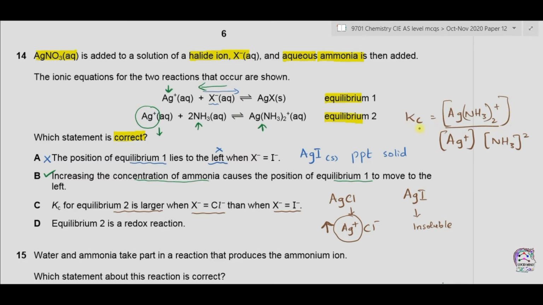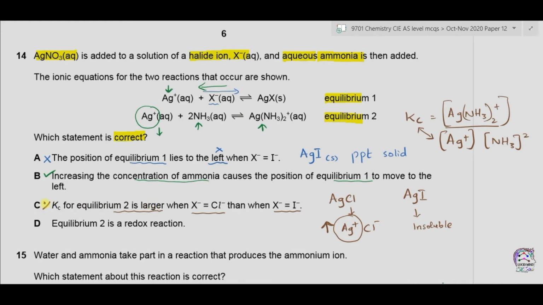So as we can see, the value of Kc is inversely proportional to the concentration of Ag plus. So when Ag plus increases, the value of Kc will decrease. So when X is Cl negative, then Kc for equilibrium 2 is smaller.